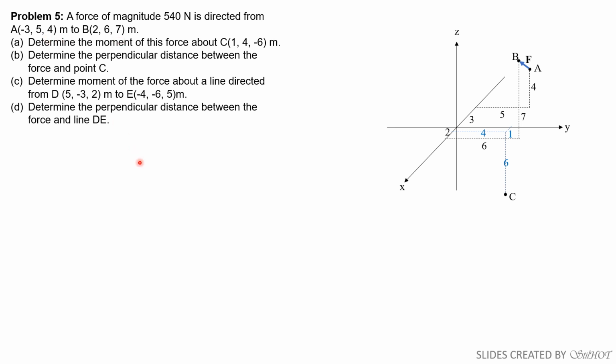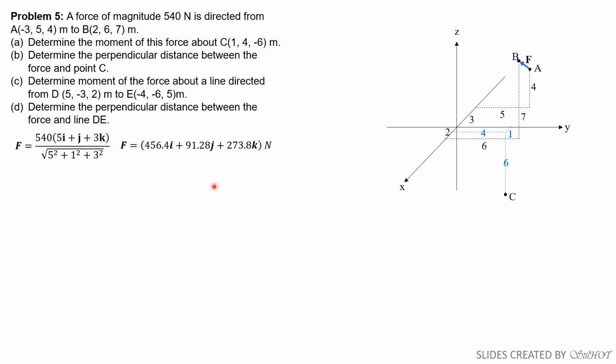Then 7 minus 4 is 3, so 3k. So 540 times 5i plus j plus 3k, divided by the magnitude of the distance AB, which is the square root of 5 squared plus 1 squared plus 3 squared. So in vector form, F is 456.4i plus 91.28j plus 273.8k.